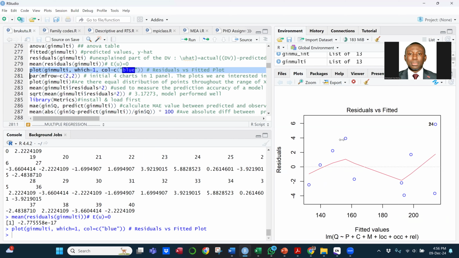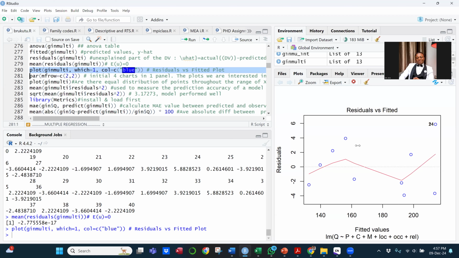The actuals are the blues. And the residual is the red, which is showing you the difference between the horizontal one and the blue one. Normally we expect it to be moving like the fitted. Well, there mustn't be any pattern along the line. But this one, you see patterns there.